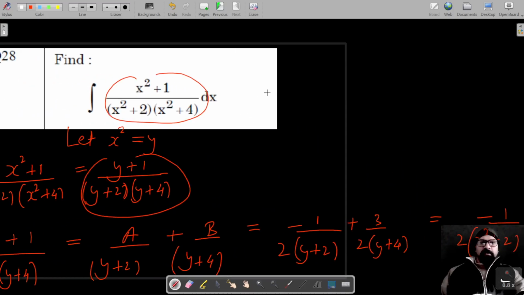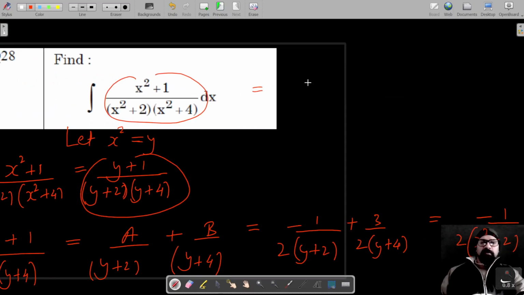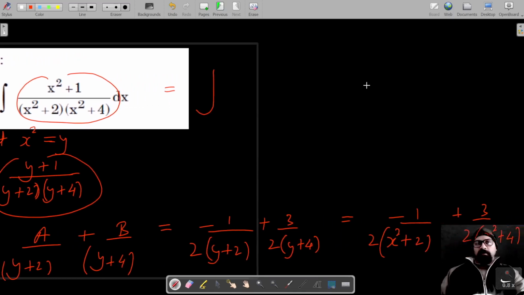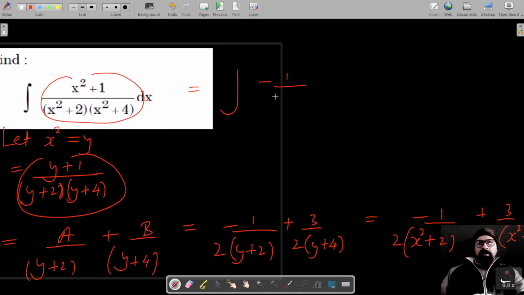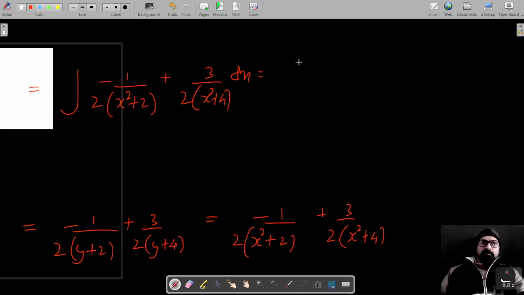So now this integration becomes the integral of negative half into 1 upon x squared plus 2, plus 3 by 2 into 1 upon x squared plus 4, into dx. Let's separate the integrals.